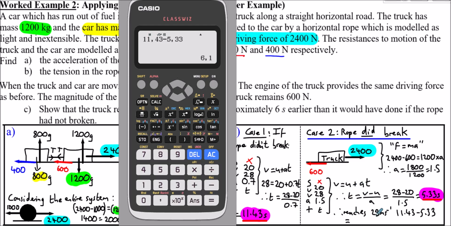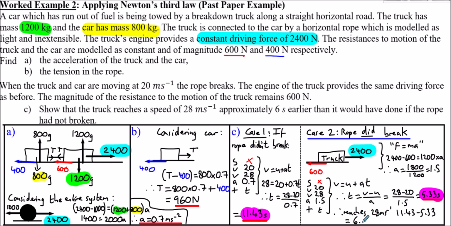So it reaches 28 meters per second 6.1 seconds, which is about 6 seconds sooner than what it would have done had the rope not have broken. So that just proves it for us, and that's the question done. So quite an advanced worked example. Let's have a look at another couple which, don't worry, aren't quite as hard as that one.